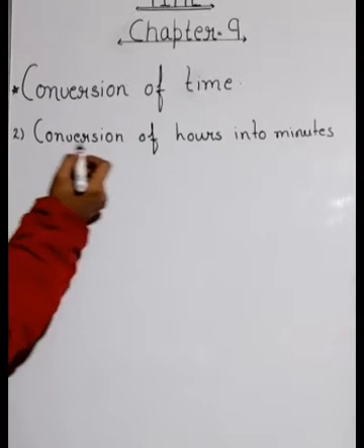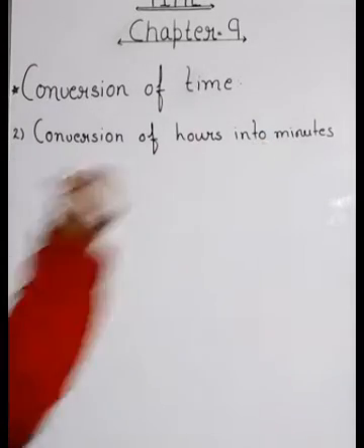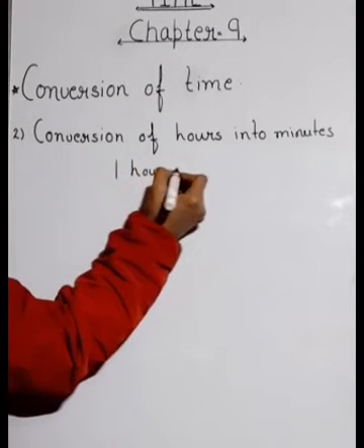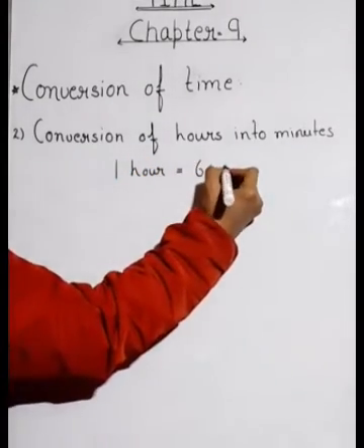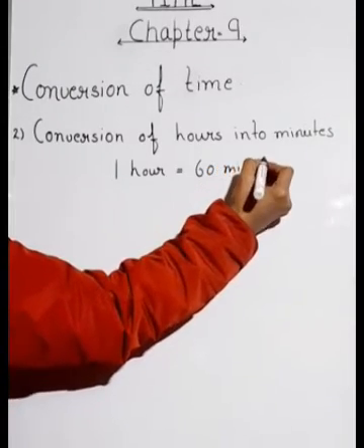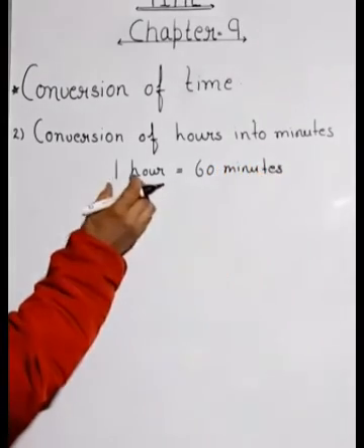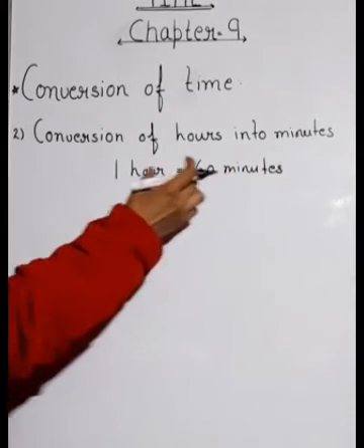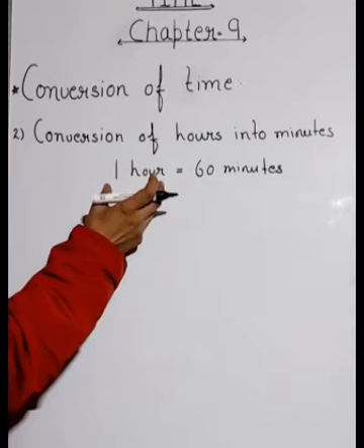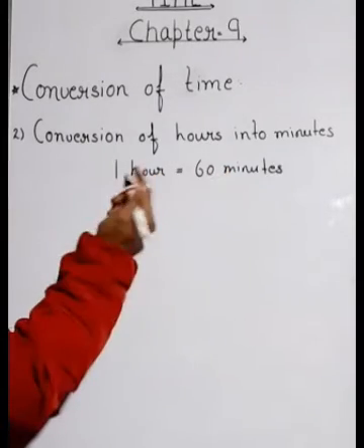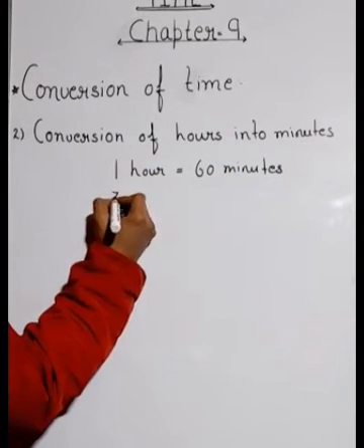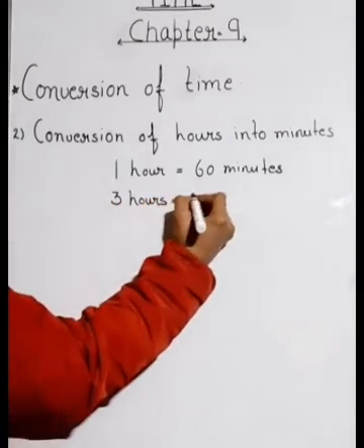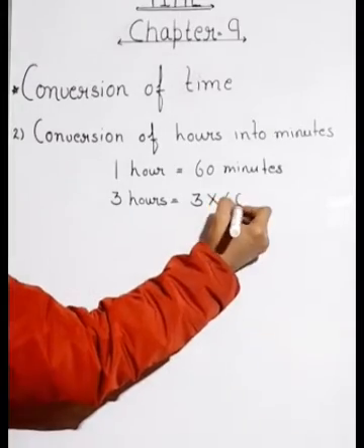Second, we are having conversion of hours into minutes. I told you that 1 hour is equal to how many minutes? 60 minutes. Clear? So if you have to convert hours into minutes, you have to multiply the given number of hours with 60. For example, if I have to convert 3 hours into minutes, 3 into 60.